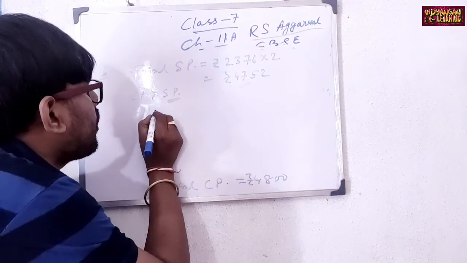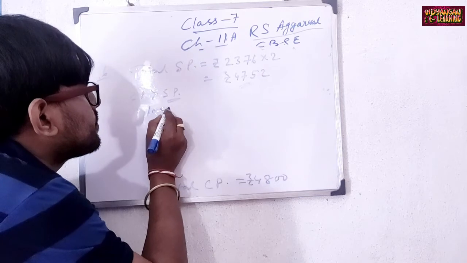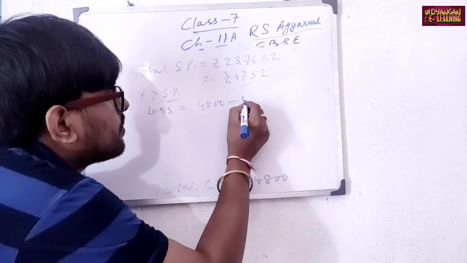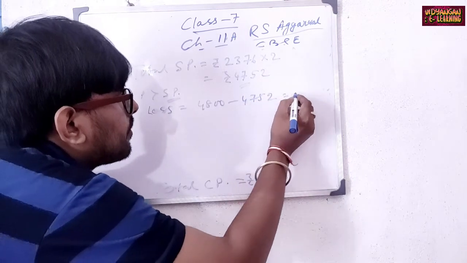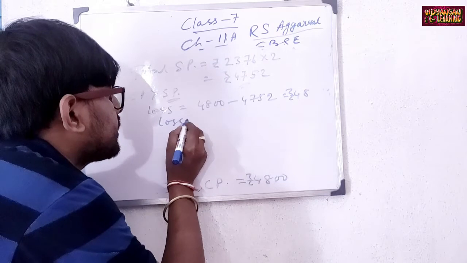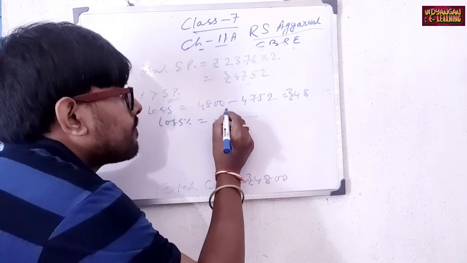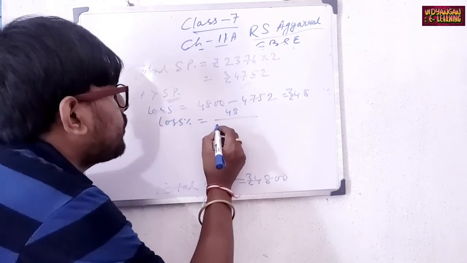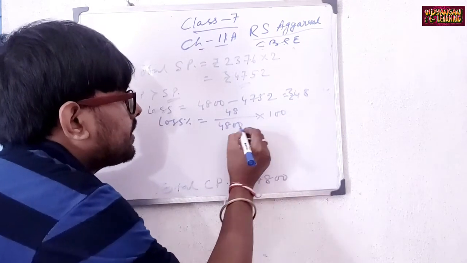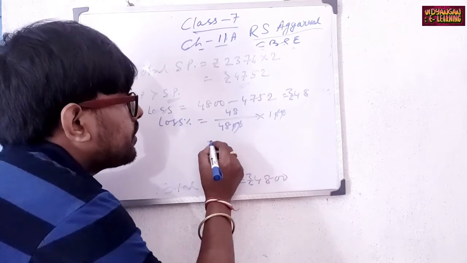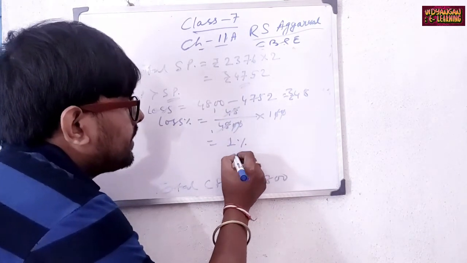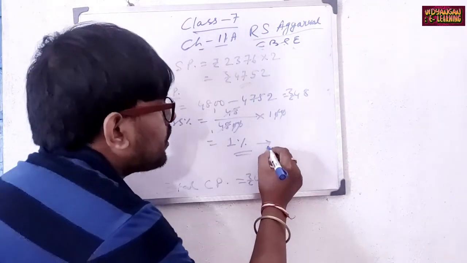So there is a loss of ₹48. Now loss percent is equal to loss, which is 48, by cost price, which is 4800, multiplied by 100%. Cancel the zeros, and 48 gives 1%, which is the loss percent.